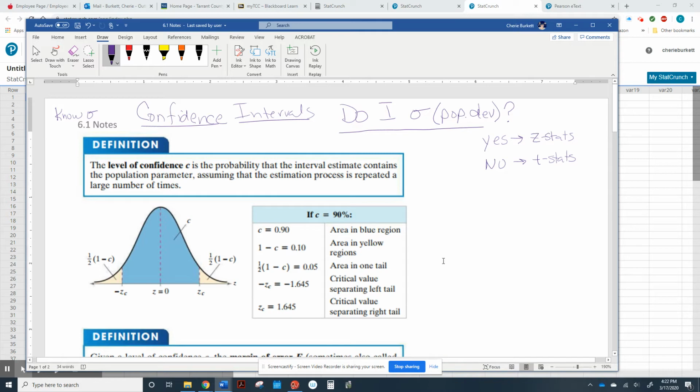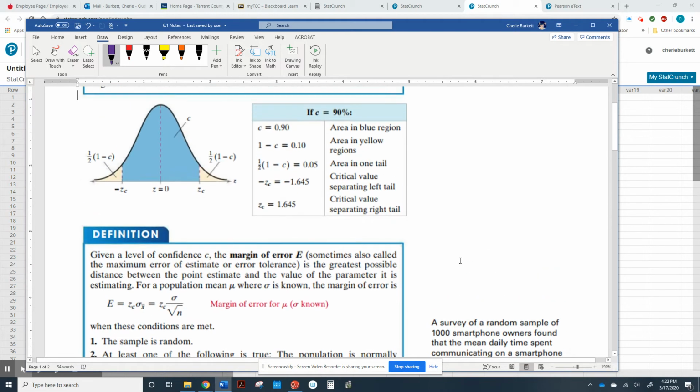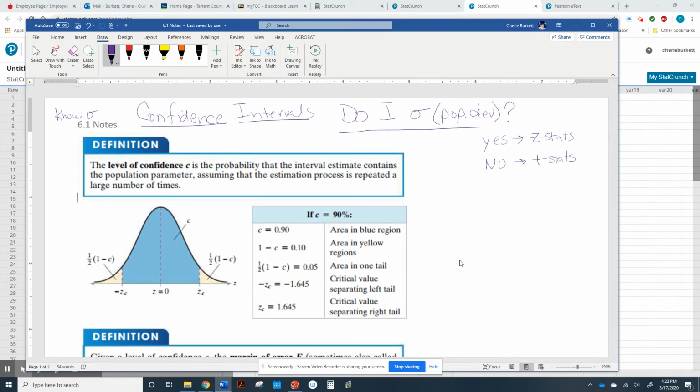So what's happening in a confidence interval is that you're going to be looking at a sample. First of all, you're going to be working with a sample, and you want to use that sample to predict something about the population.